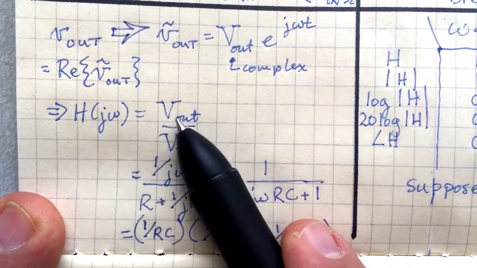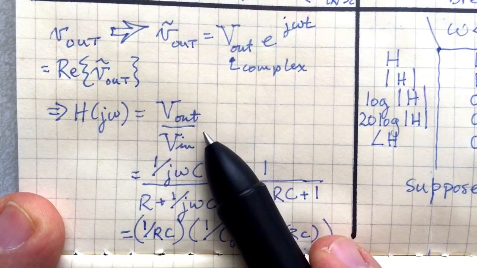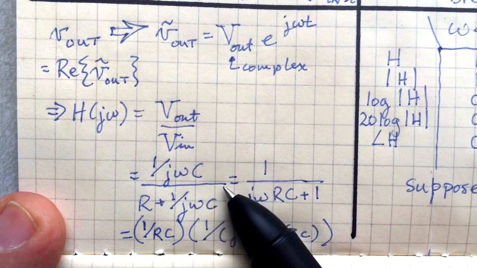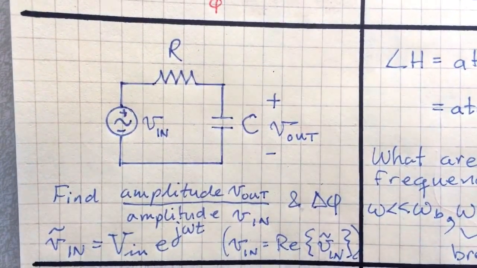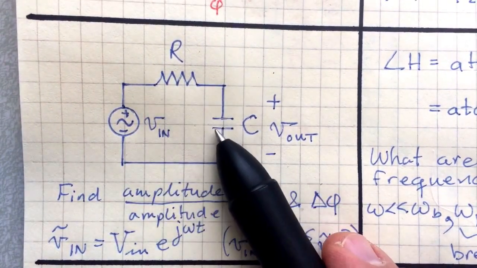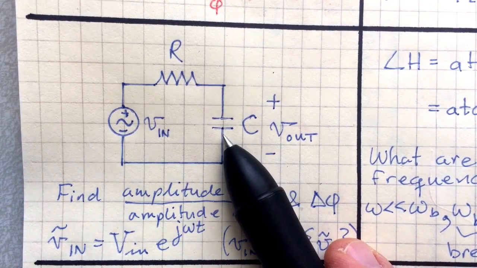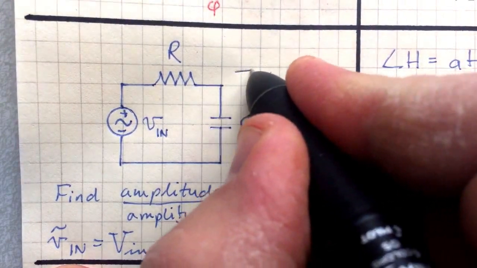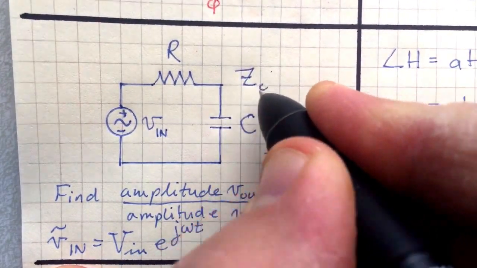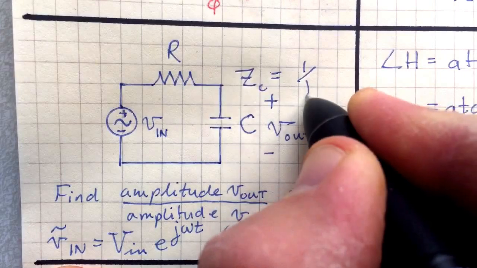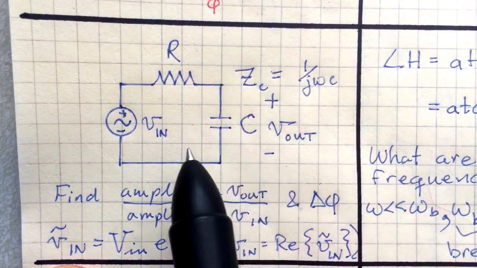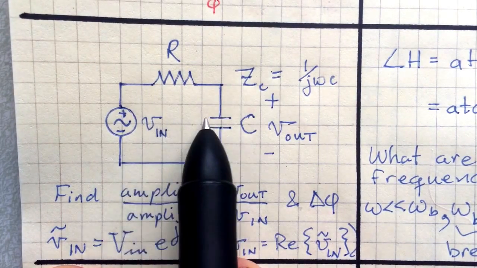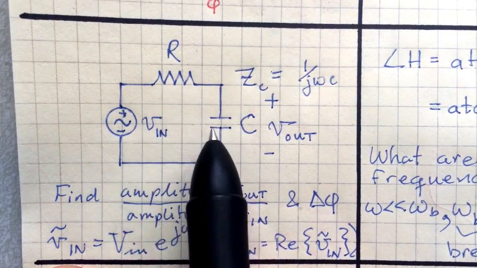So the transfer function, which is just the output complex amplitude over the input complex amplitude, has this form. And why is it that form? Let's go back up for a second. It's just because this is a voltage divider in the world of complex notation, and it's a voltage divider that has complex impedance 1 over j omega C. If we treat this as just two resistors in series with a DC drive, it would be this resistor divided by the sum of the two resistances.